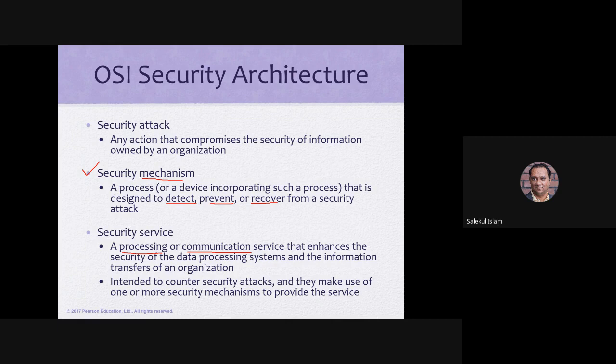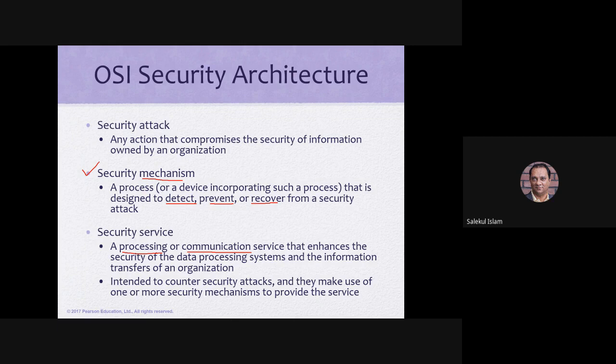Now this is a service, so the question is, what mechanism can provide confidentiality? If you don't know, no problem. You will eventually know from this course that we need encryption to provide confidentiality.